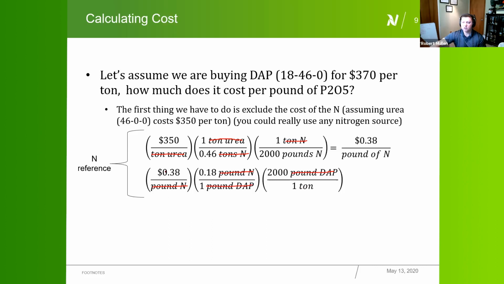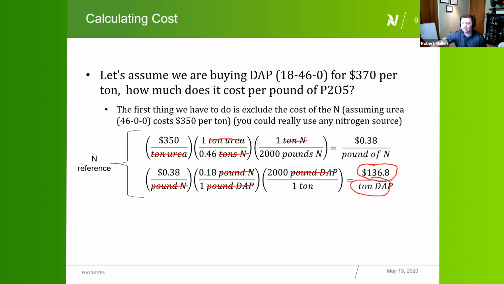And so now I'm left with how much price per ton is attributed to the value of nitrogen. And it turns out it's about $136.80. Okay, this is why this is getting so complicated. So now this is the value of the nitrogen per ton of DAP.